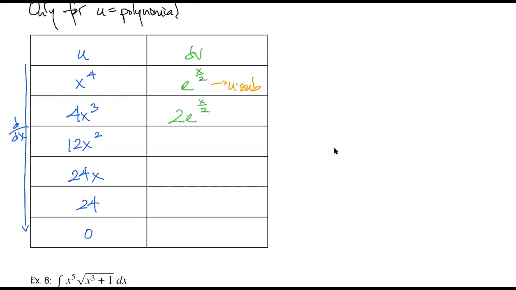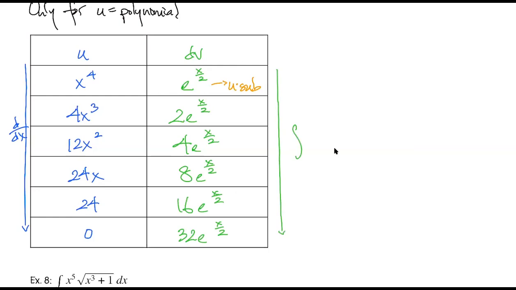What's my next integral? Is it 4e to the x over 2? Yes, it is. And that'll make the next one 8e to the x over 2, 16e to the x over 2, and 32e to the x over 2. So when we go this way, we are integrating.